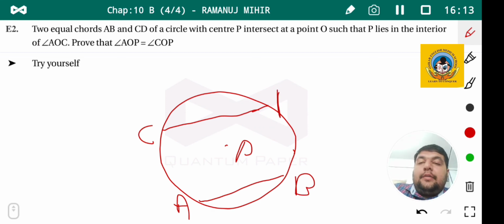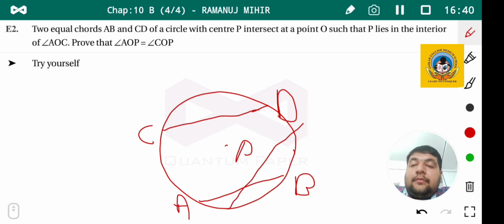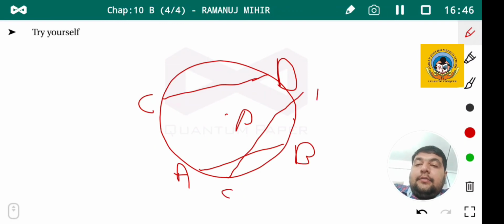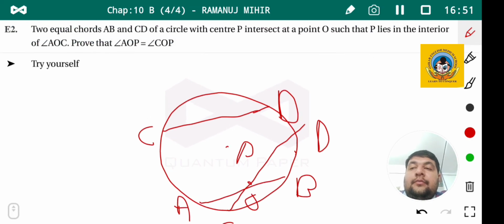See, they intersect at point O. So now we have to change our figure because the two chords are intersecting each other like this. So we are writing CD here. Now the point of intersection is point O.